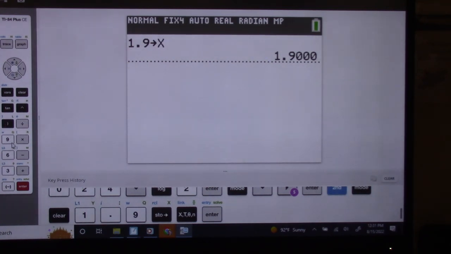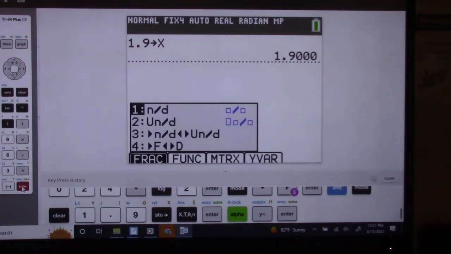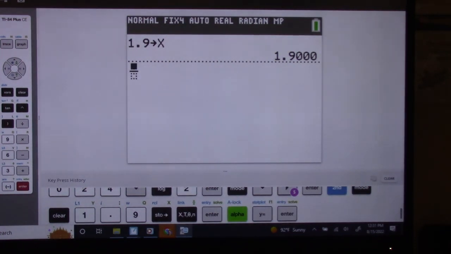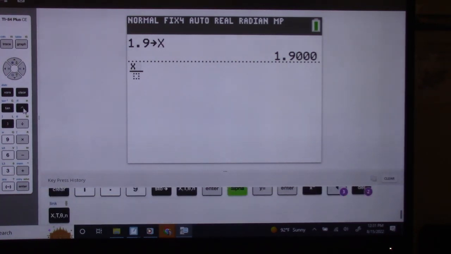Then I'm going to put x cubed minus 8 over x minus 2, right?